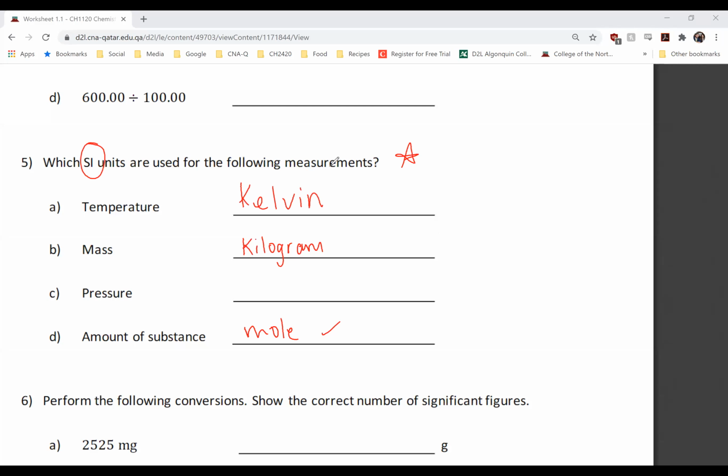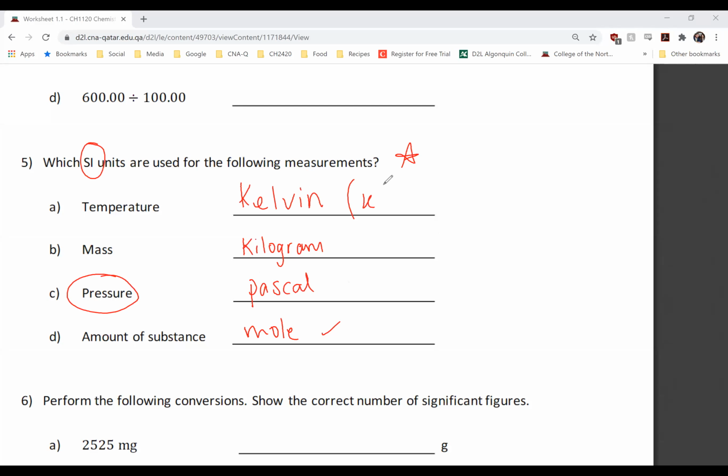So again, I don't think I saw this question on the test, but it is a good one to know for your final exam. Now, the last one is actually a derived unit. It's not one of our 7 base units, but for pressure, we typically use the Pascal or kilopascal. I would take either, but the correct answer is Pascal.